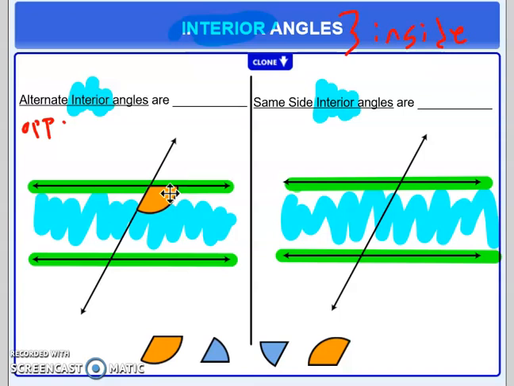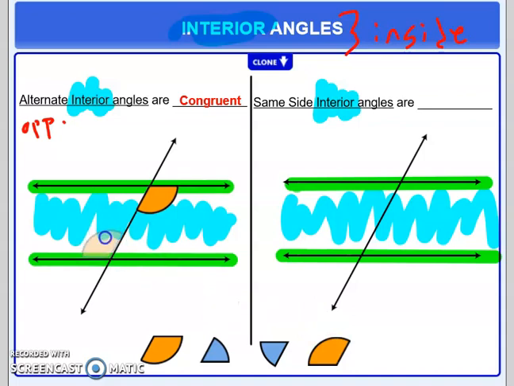But I want to find the opposite interior. So what I need to do is look inside our parallel lines and look for the opposite part that's going to also be congruent. So what shape would give me congruency? Oh, this one would.